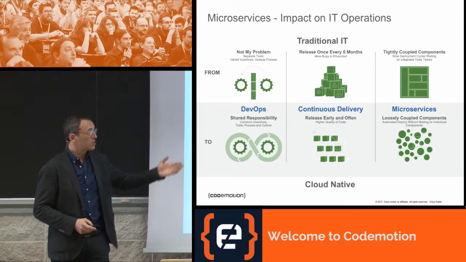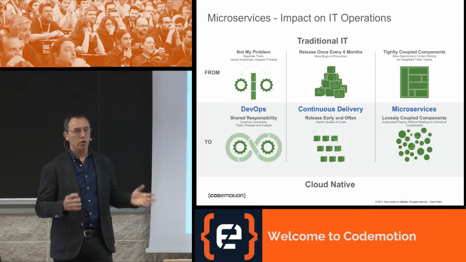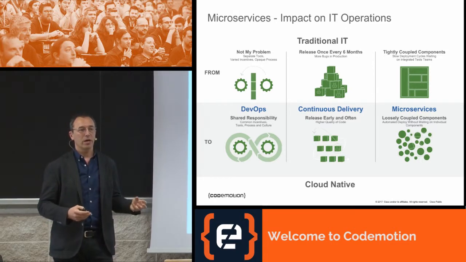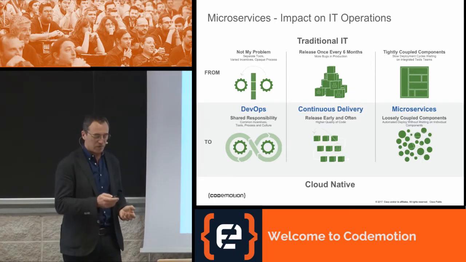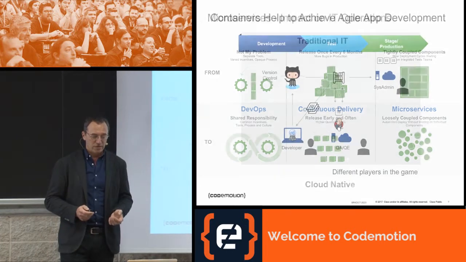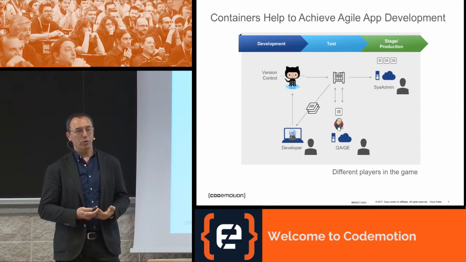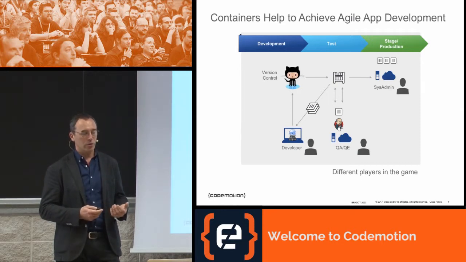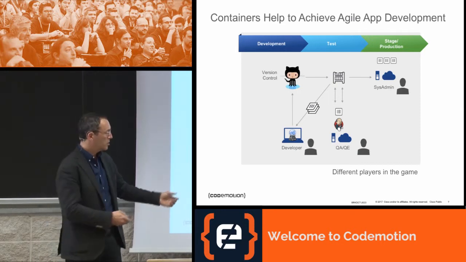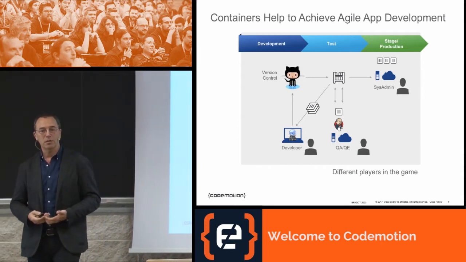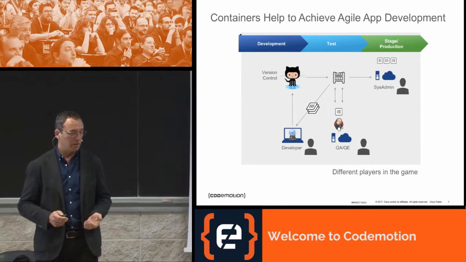So the applications are no longer a monolithic block of code, but a kind of puzzle of microservices that interact with each other. And of course, that helps the agility of the project and helps the collaboration across those people. So you see different roles that communicate, and they have integrated platforms and tools to work together.